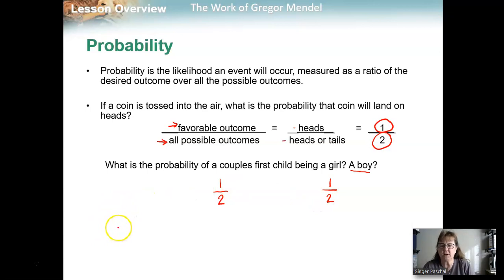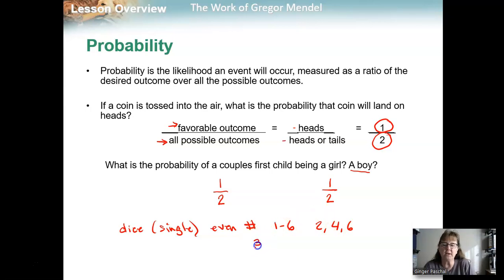Let's try this. What is the probability of a single die being rolled and getting an even number? Now on a die there are numbers 1 through 6. So 2, 4, and 6 are the numbers that we're looking for, and we can get 1 through 6.